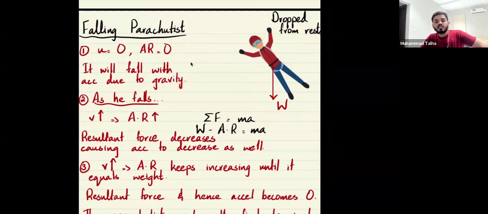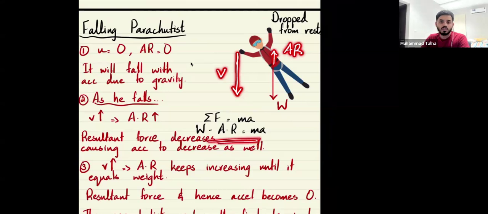But as the speed increases, because as he accelerates, the air resistance also starts to go up, and that's in this direction. So if you look at it, he's going down, but air resistance is acting up. So if I write out Newton's second law, resultant force is mass times acceleration. In this case, it's weight minus air resistance, which is equal to mass times acceleration. So the resultant force is now reduced because air resistance has come into the mix.